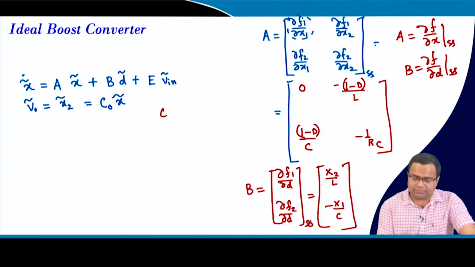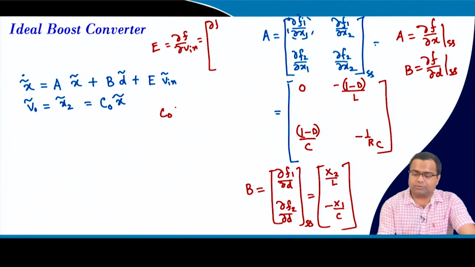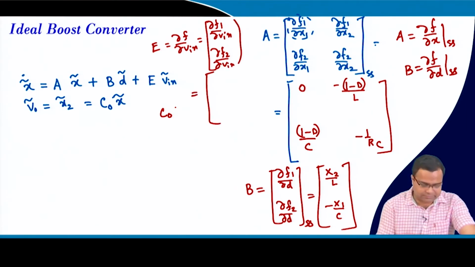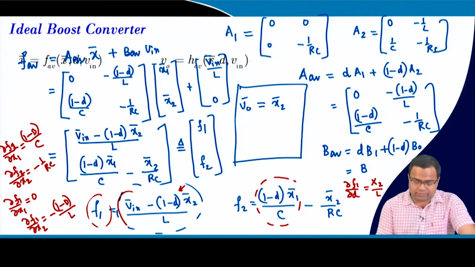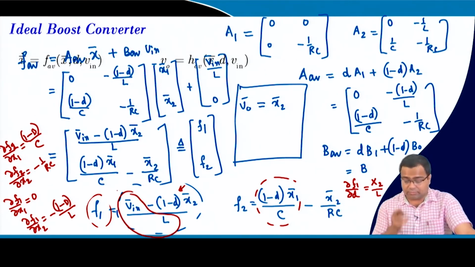What is C0 and what is E? E is nothing but dou F dou V in, which is nothing but dou F1 dou V in and dou F2 dou V in. If you go back, dou F1 dou V in we can get from here, but there is no V in term in F2.